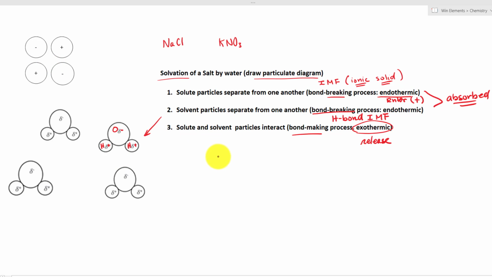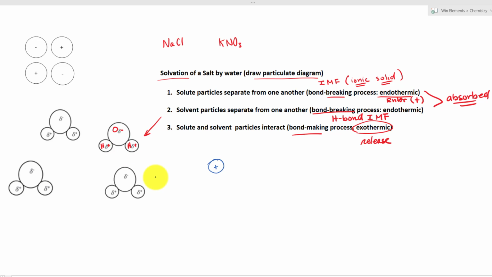On your test, you are going to be asked to draw the solvation process where the water molecules interact with the individual ions in the salt. In this case, we can just use a generic term like a plus, potassium. It could be any plus ion, so we just use this plus to indicate any positively charged ion.